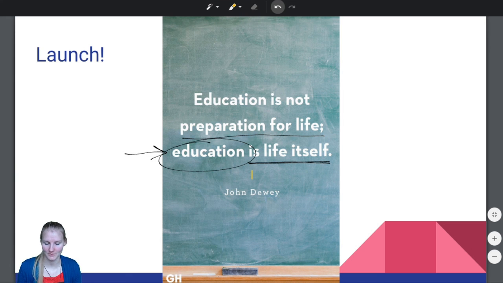That is education. So typically when we think about education, we just think about school and going to school. But I want to encourage you to think about where learning appears in your life. And is there anything that you want out of life that's going to require you to learn something?